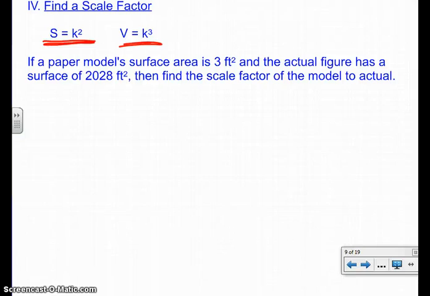So they want us to find the scale factor model to actual. So how do we set up that ratio when it's written this way, model to actual? What goes on the top? Model. We're going to make sure our scale factor looks like this: model over actual, which is the most common way we find scales anyway.